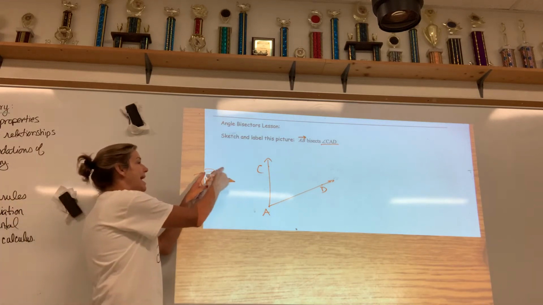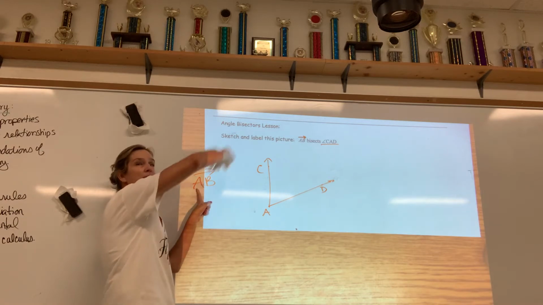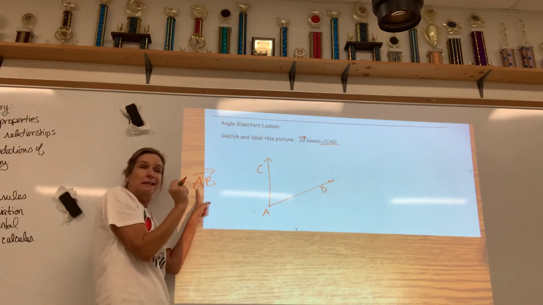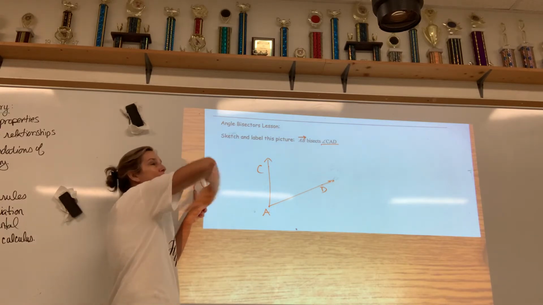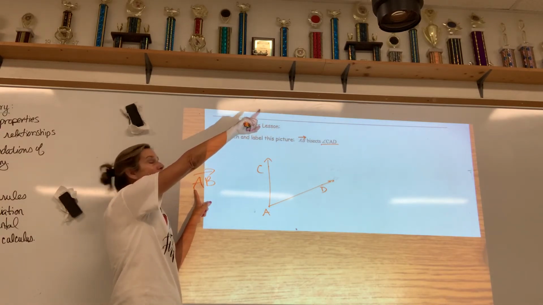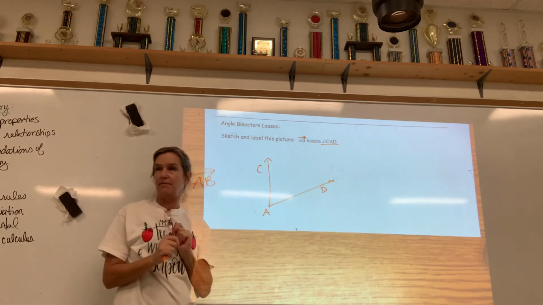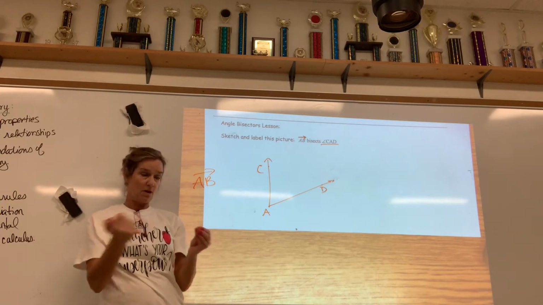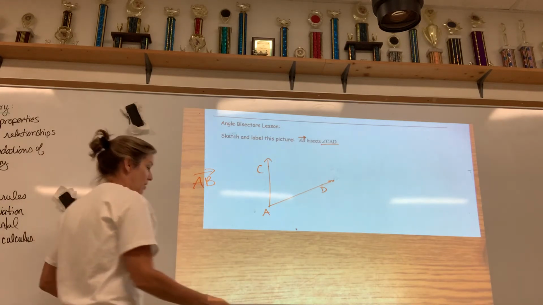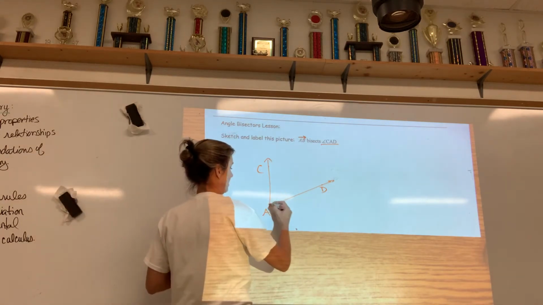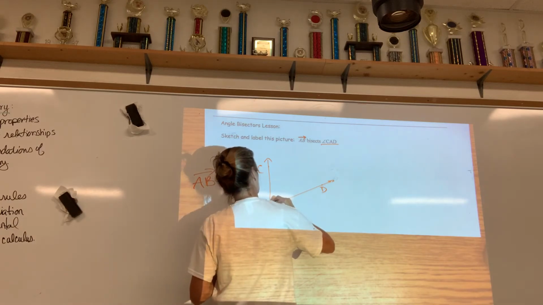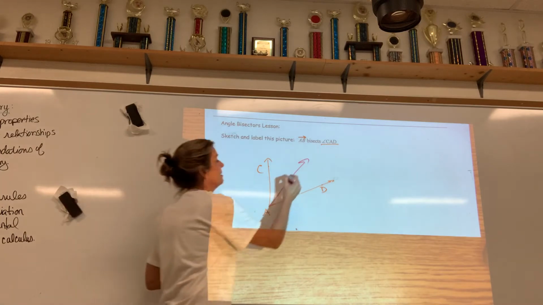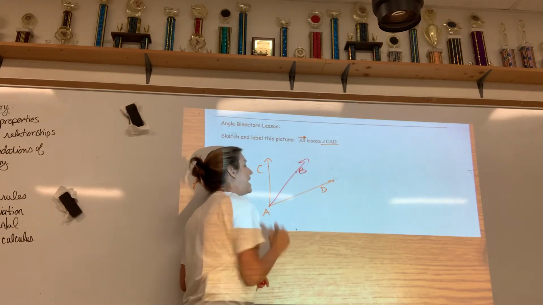If it's ray AB, it starts at A and goes out to B. So I need a ray, a one-sided line, that starts at A, goes out to B, and cuts this angle perfectly in half. Can you visualize what that's going to look like? Okay, so hopefully you started at A and tried to go right through the middle, something like that, and label it with a B. This would be ray AB.